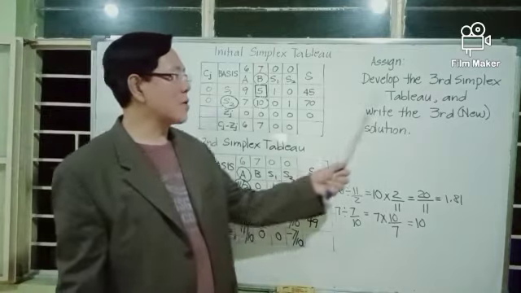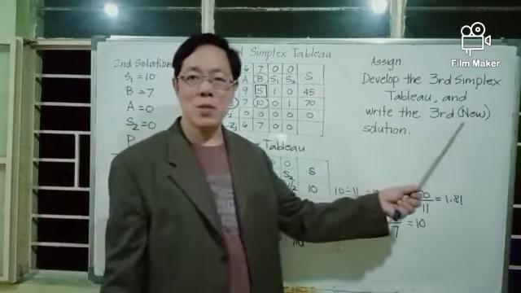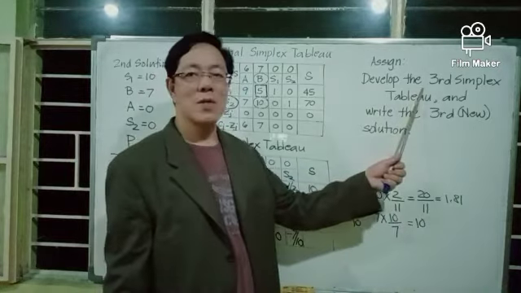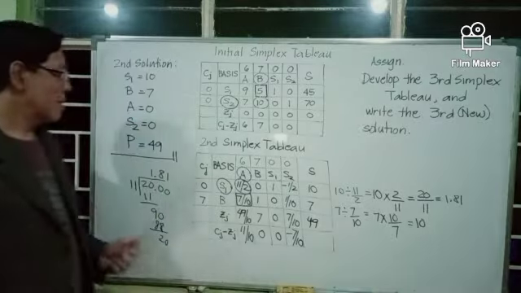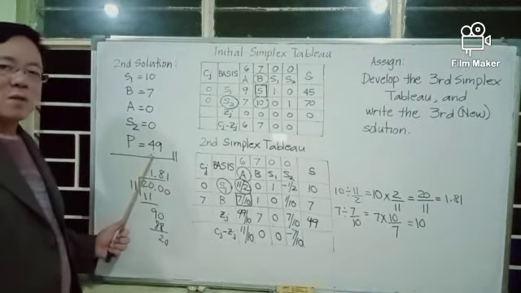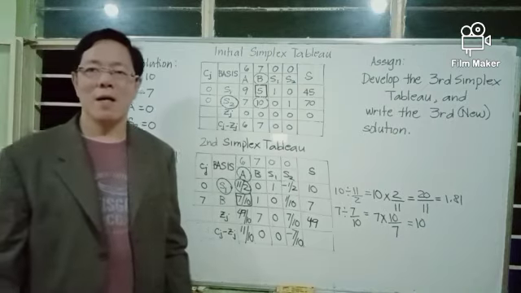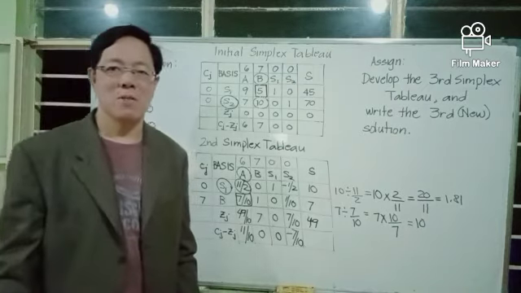And from your third simplex tableau, please write the new solution. There should be an improvement in the value of the objective function. From 49, you should get a higher value.